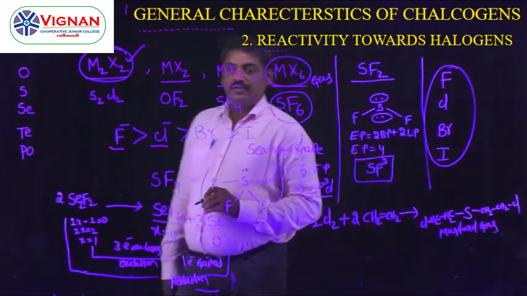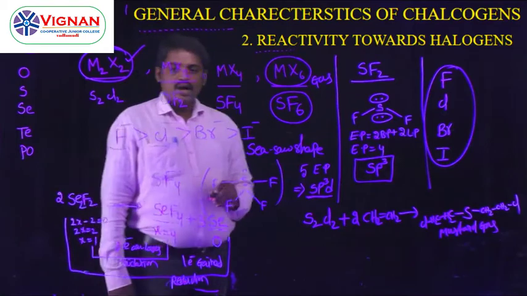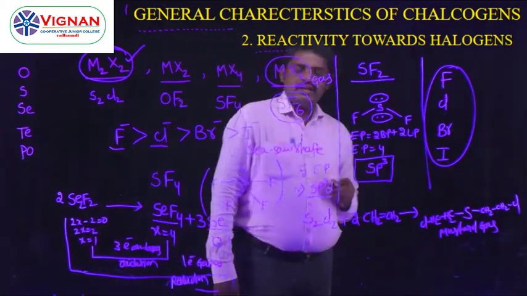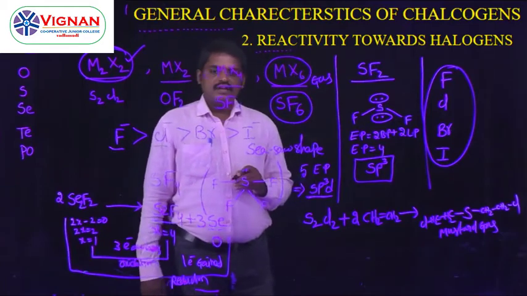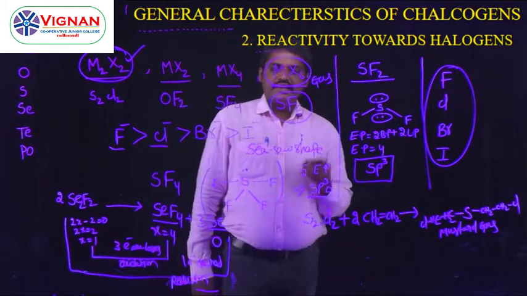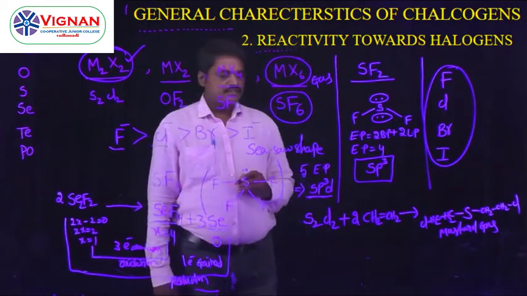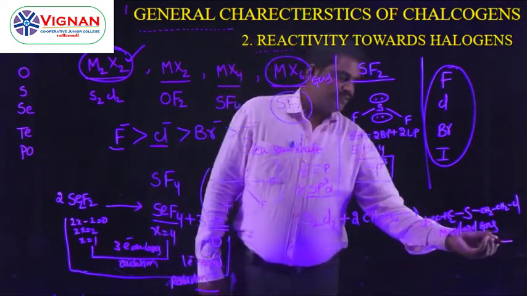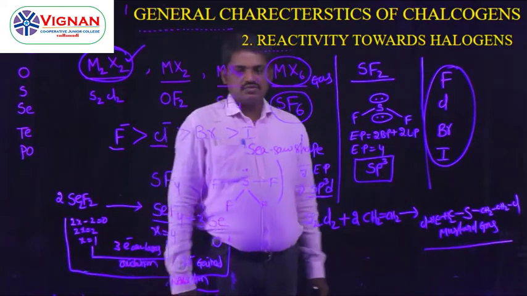M2X2 type of halides participate in disproportionation reactions, and these halides are used to make mustard gas.